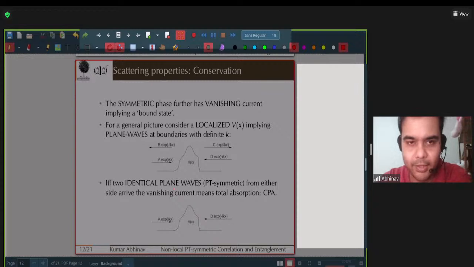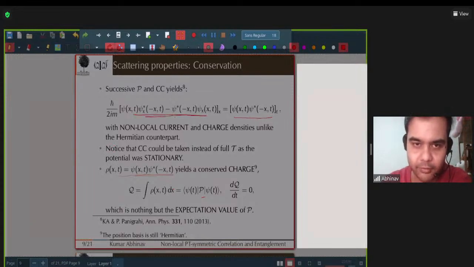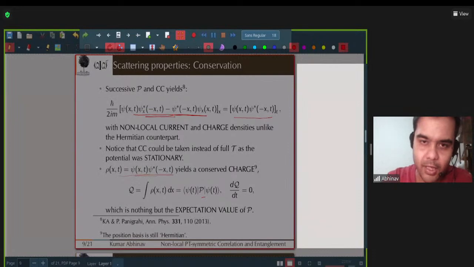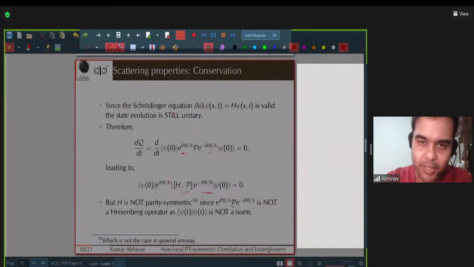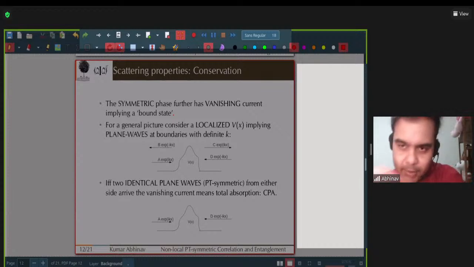More so, you can see that in the symmetric phase, because the wave function is PT symmetric, the current that I mentioned earlier, the left-hand side of the first equation, will vanish definitely because of PT symmetry. That means quantum mechanically it will be some kind of a bound state, quote unquote. Let's see what happens. Consider the scattering property: if you consider a localized potential, you can talk about asymptotically plane-wave solutions.